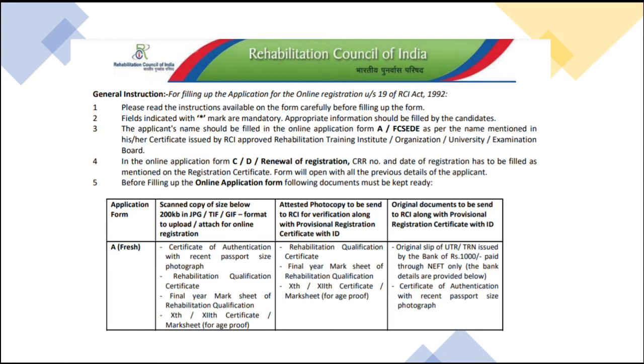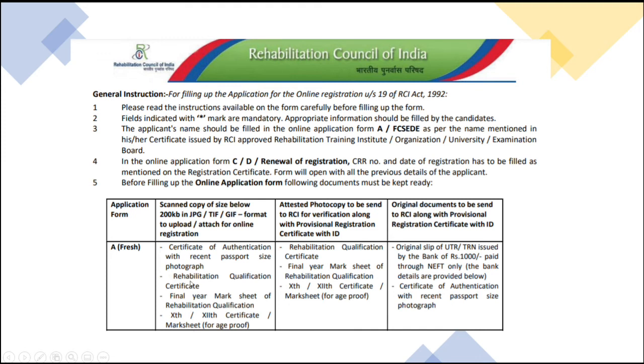The next task is the list of documents to photocopy: the rehabilitation qualification certificate, which is a degree certificate, then the mark sheet of your degree, the final year mark sheet, and then the 10th or 12th certificate. So in the first column, you see what are the documents that need to be scanned.